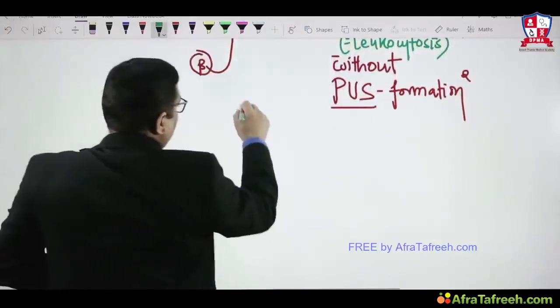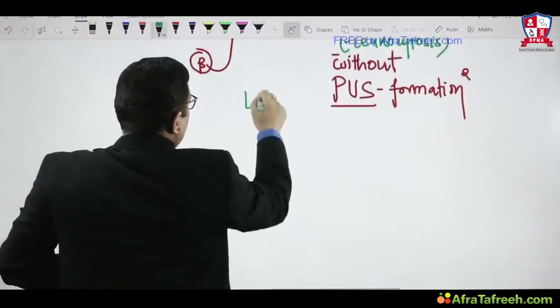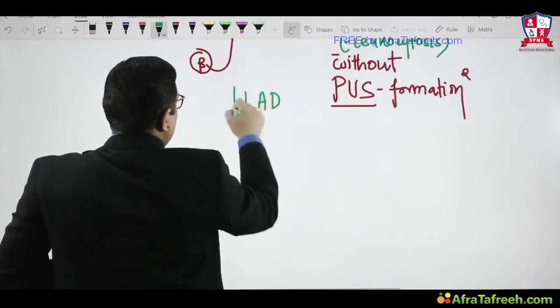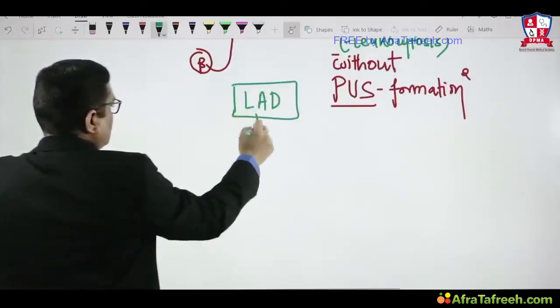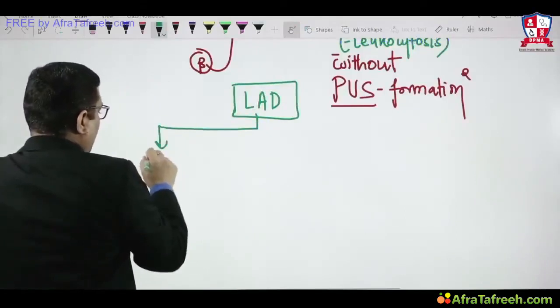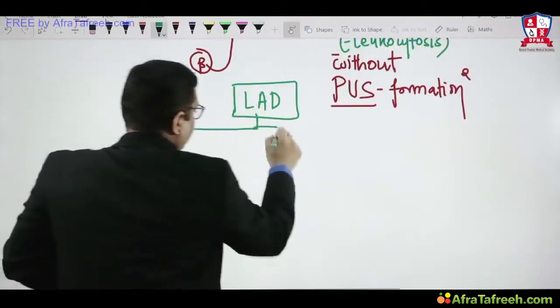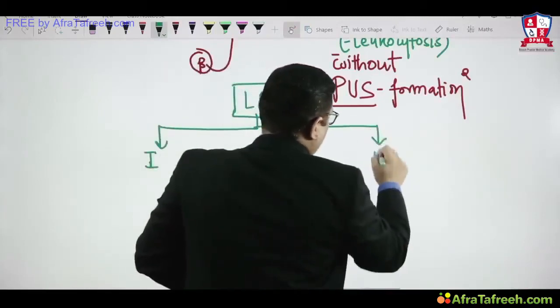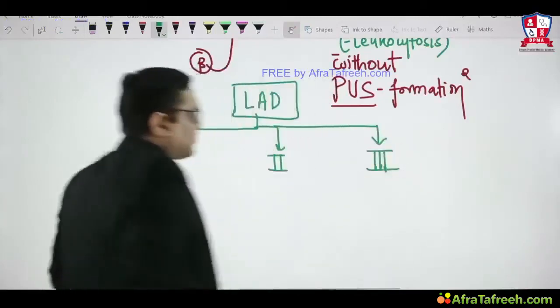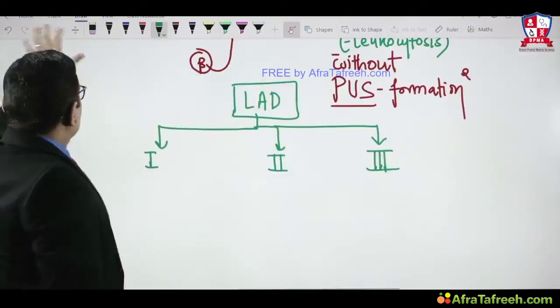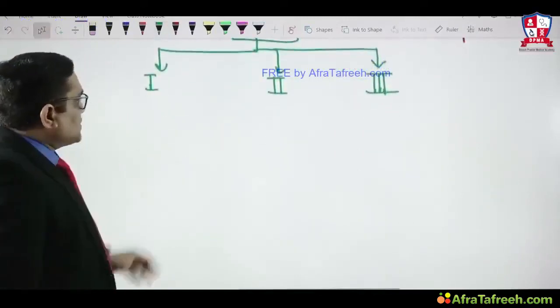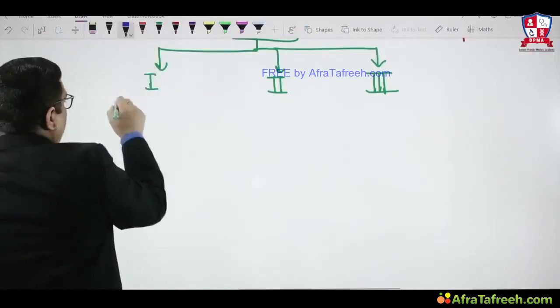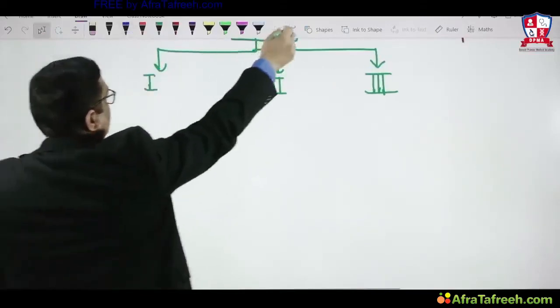Here I will tell you about LADs, leukocyte adhesion defect disorders. They are of three types, right? LAD1, LAD2 and LAD3. We will see some of the salient features of LAD1. In LAD1, what is the defect?